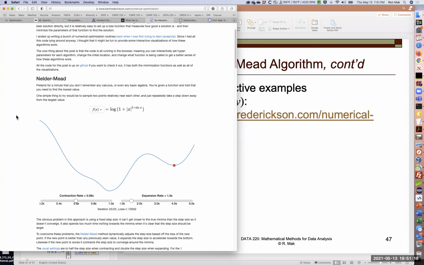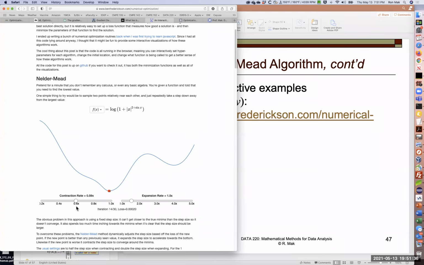So this blue line here is this function, and we're using this algorithm to optimize the function by looking for its minimum. So there it goes.